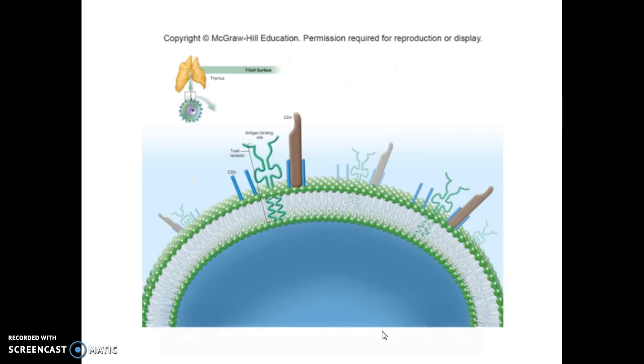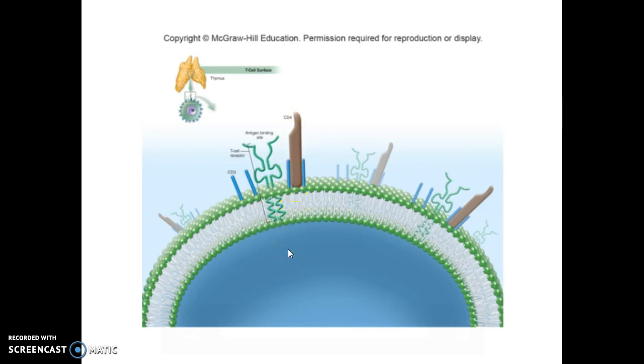The T cell, the right side of figure 13.3, looks at the T cell receptor and its complete complex. So this is more complex than the B cell receptor, but here you have the actual T cell receptor itself. You have those CD3 molecules that sit right next to the T cell receptor. And then you have this CD4 molecule.